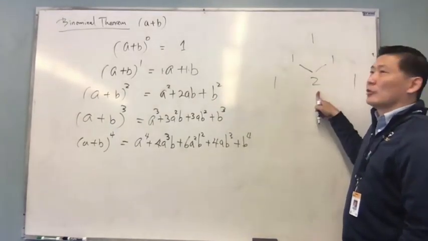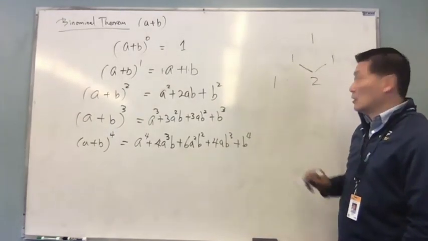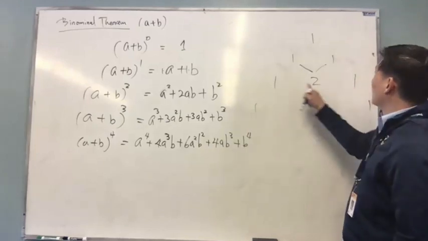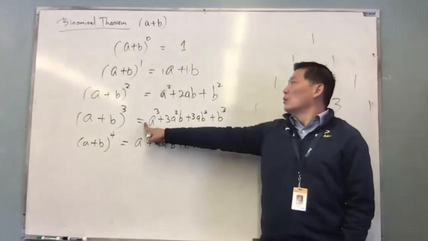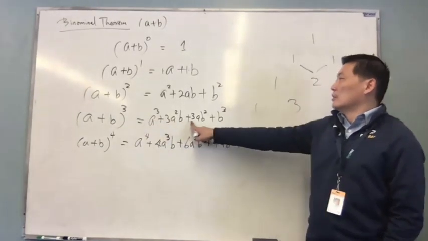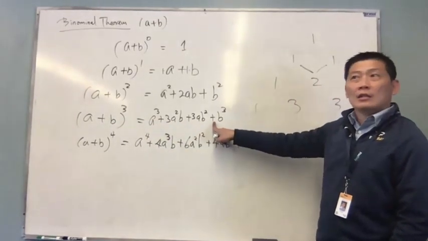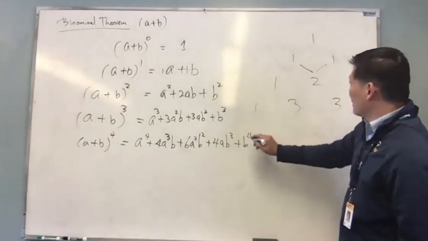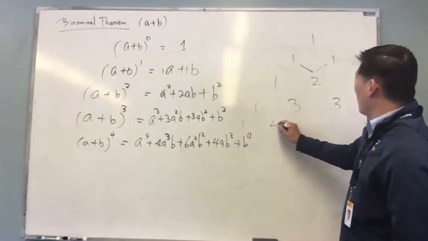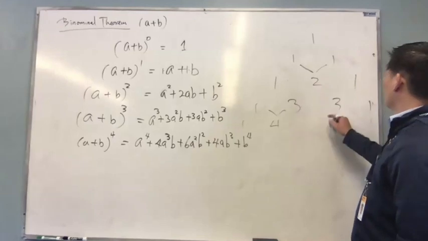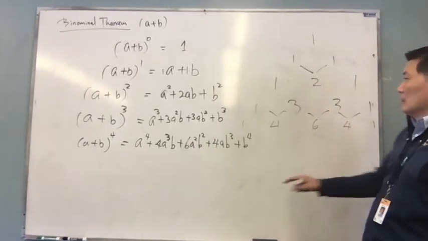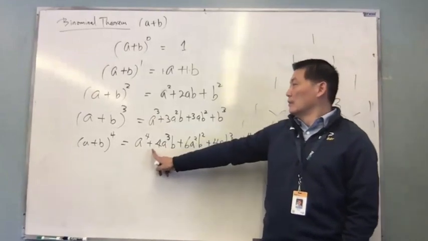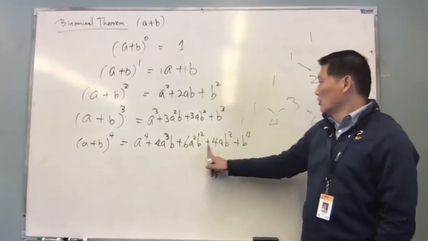I add these two numbers, I get 2. If I add these two numbers, I get 3. I got 1, 3, 3, 1. If I keep going, 1, 4, 6, 4, 1.